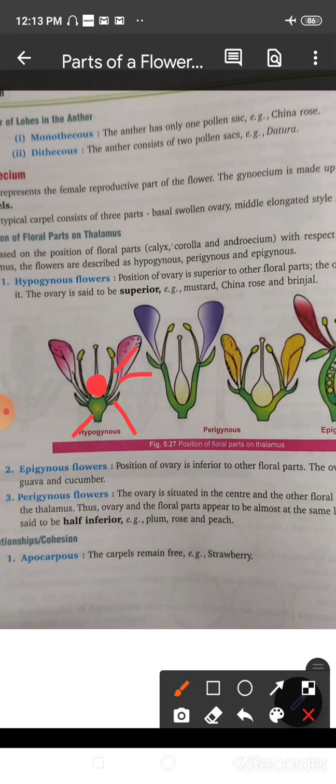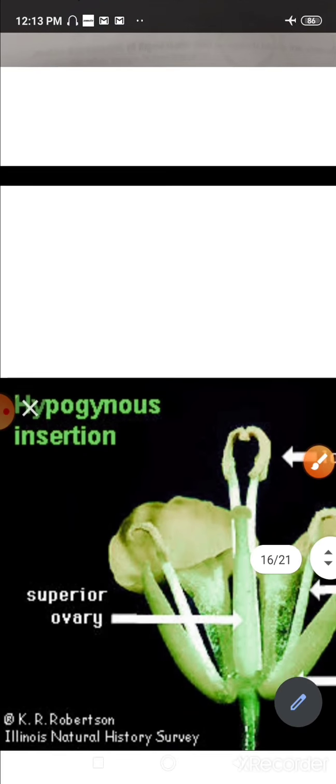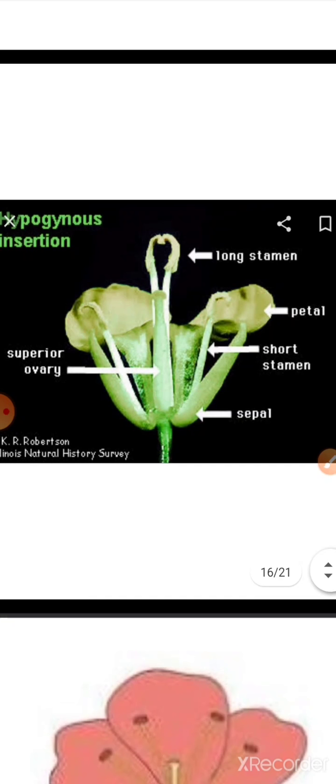Since it is above all the floral parts, it is known as a superior ovary, or these kind of flowers are known as hypogynous flowers.